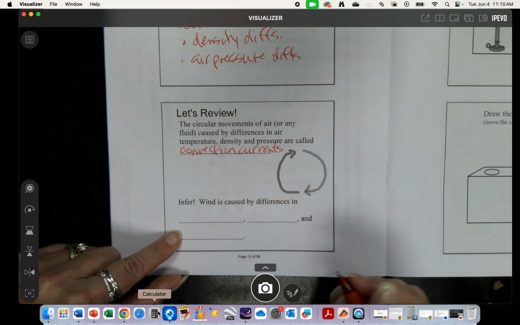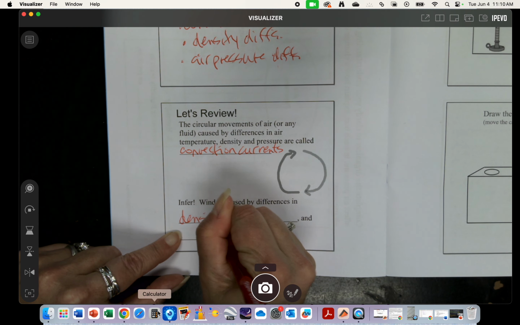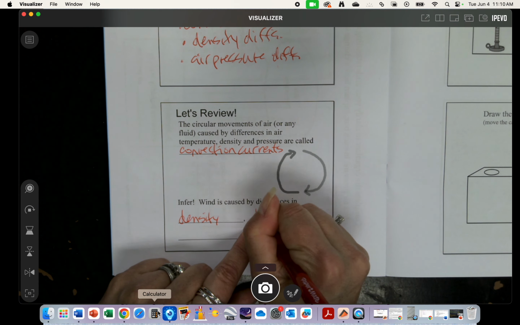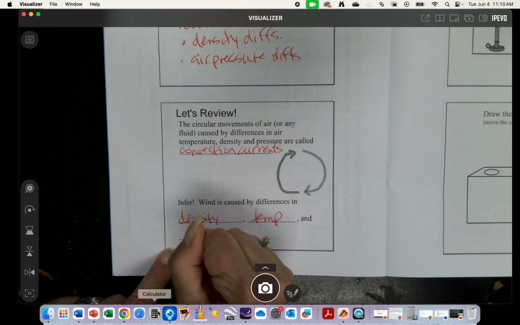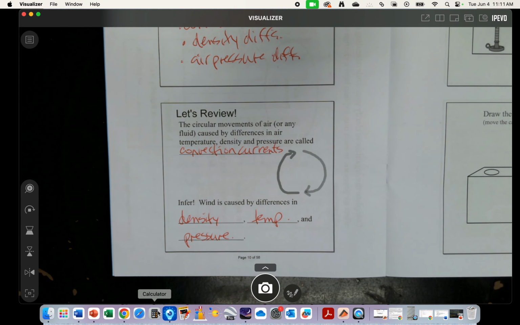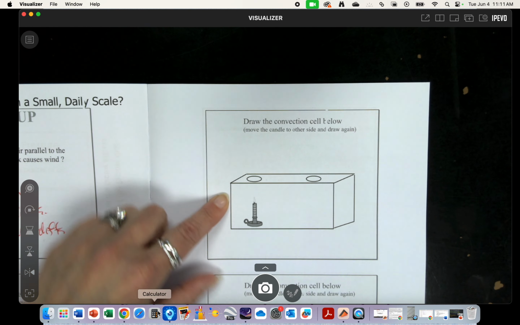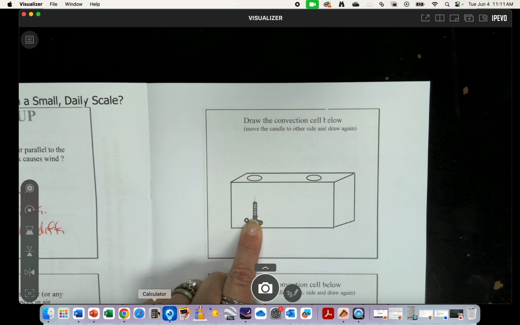Wind is caused by differences in density, temperature, and pressure. Yep. Okay. If this is a closed box and there's a candle over here, what would the convection current look like?